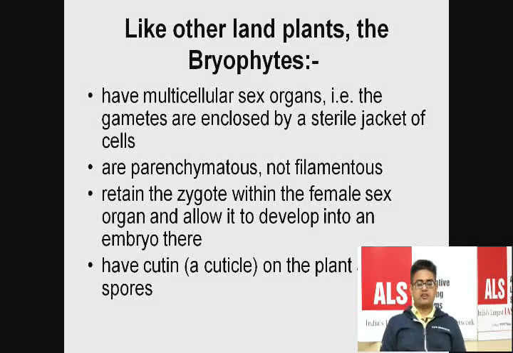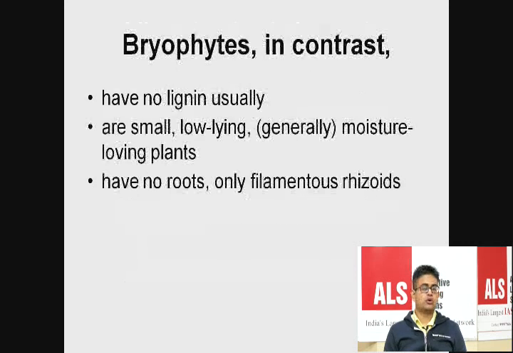Bryophytes have multicellular sex organs enclosed by a sterile jacket of cells. They are parenchymatous, and the zygote develops into embryo. They do not have any lignin, which is the woody structure. No roots, only filamentous rhizoids are present.